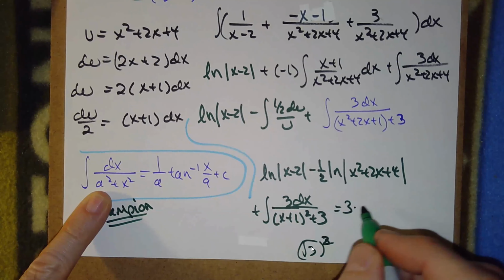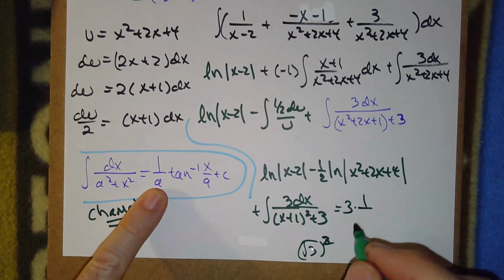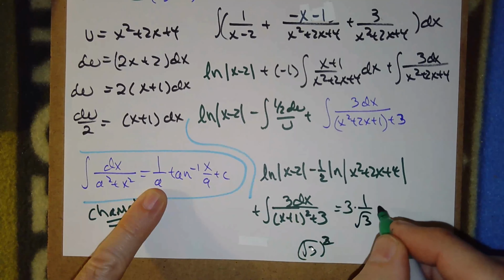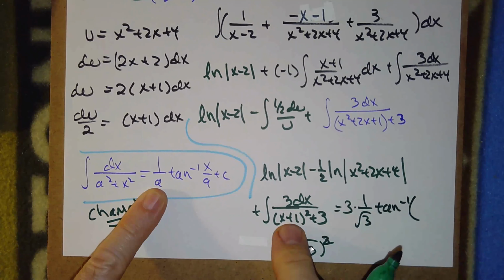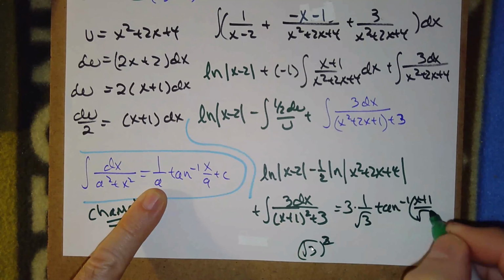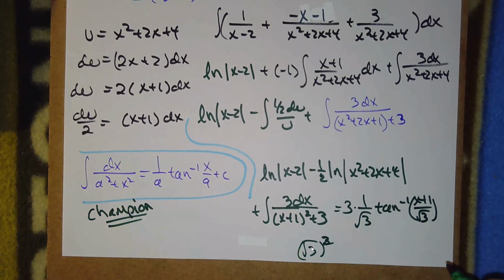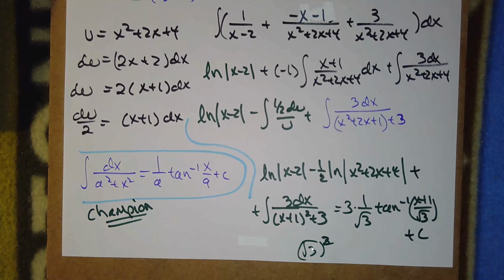So 3, which comes out of the integral, 1 over the square root of 3, tangent inverse of this term, x plus 1 over the square root of 3, like that, and add that to this, and then add in a constant. All done with that one. So, well done.